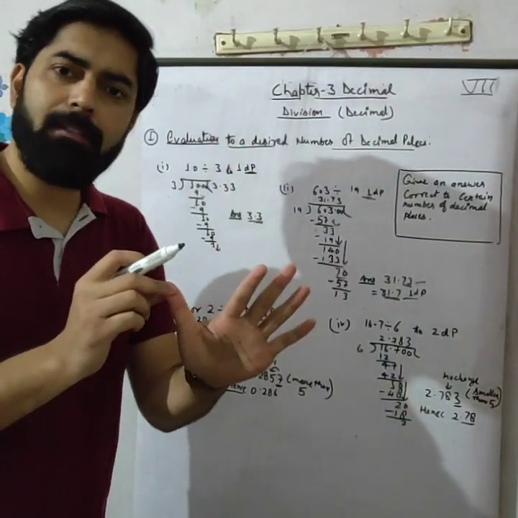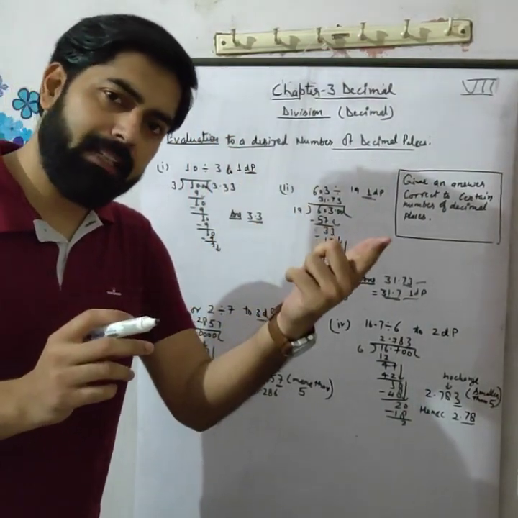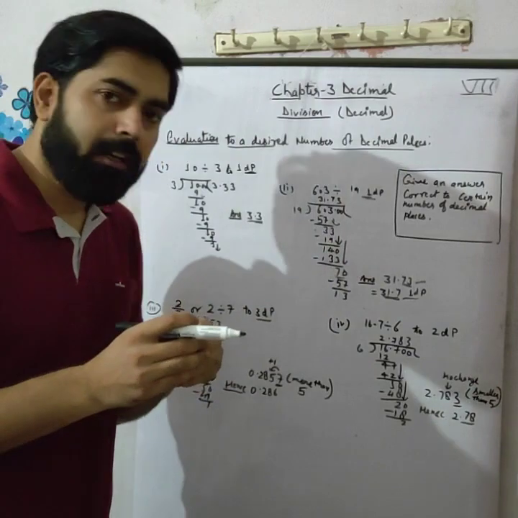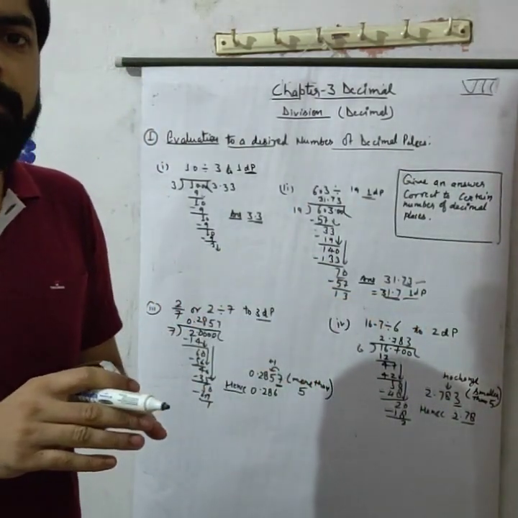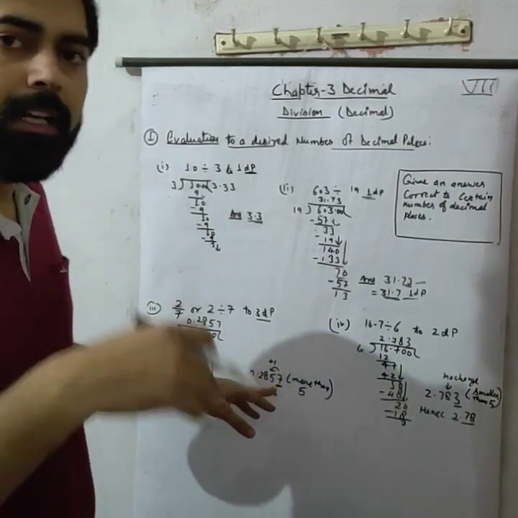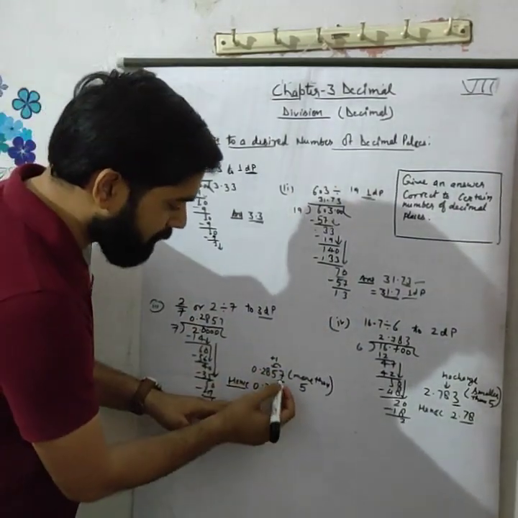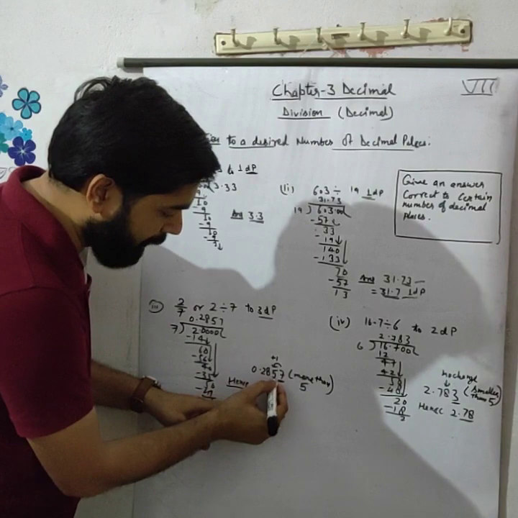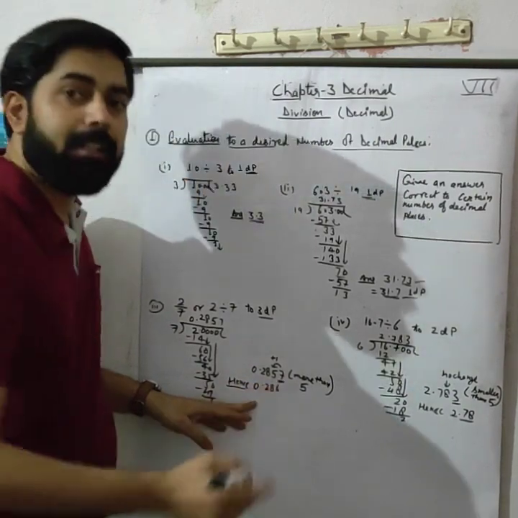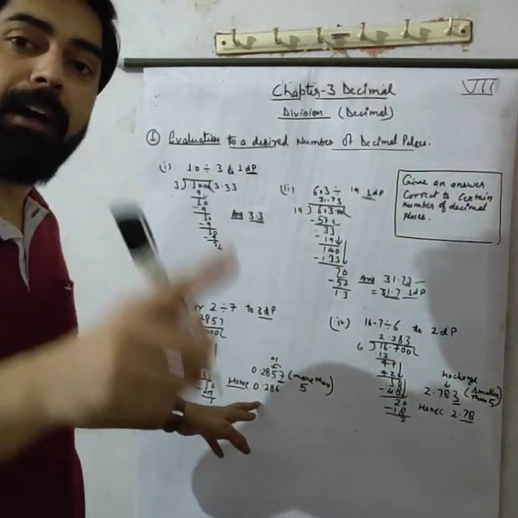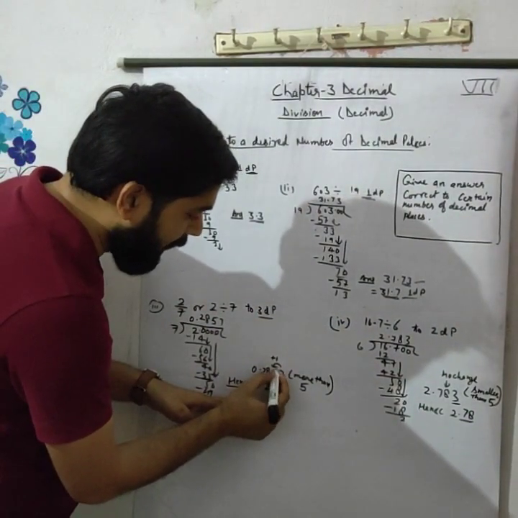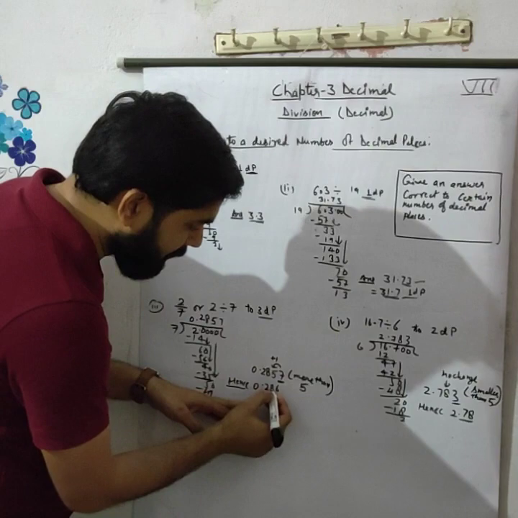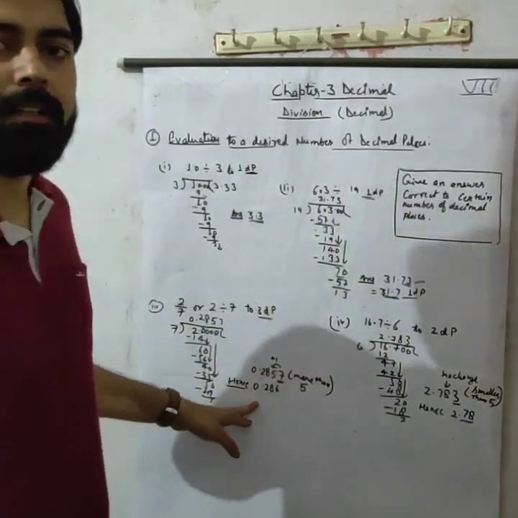If more than 5, add 1 to the next number. If less than 5, no change to the number before. What is the number before 7? Here it is 5. And 7 is more than 5, so we add 1 to the number before, and 5 plus 1 will be 6.